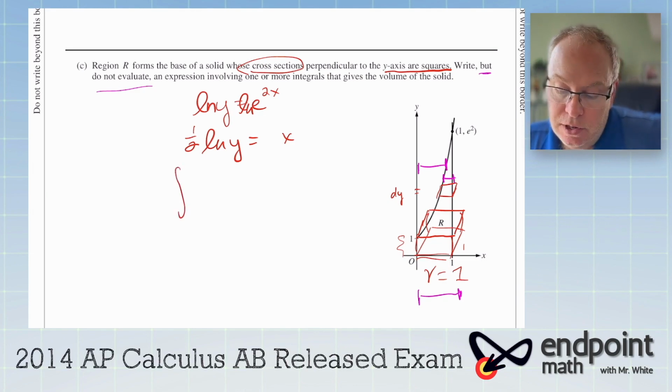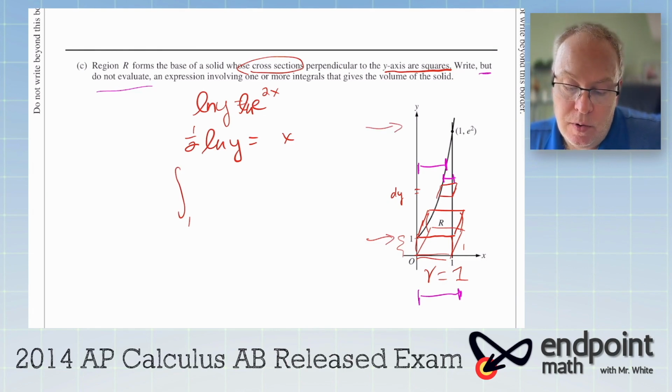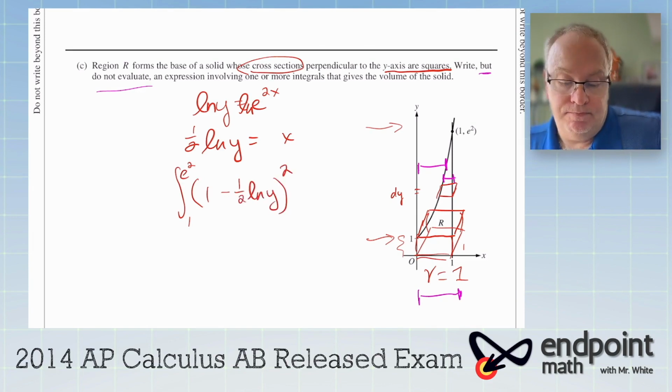Our integral is going to run from 1, remember they're y numbers, all the way up to e squared. And I just said a moment ago that the width of every single square is actually 1 minus our function up above, which is 1/2 ln y. And then we're going to square that.